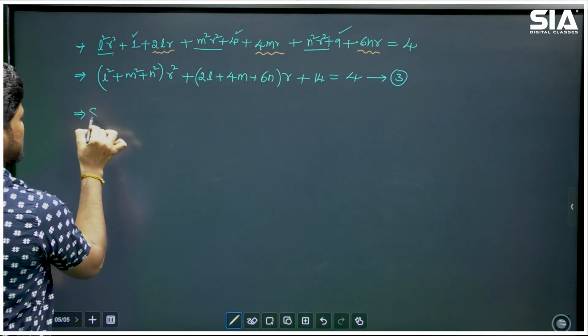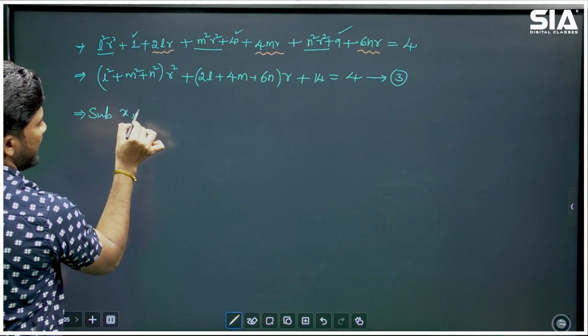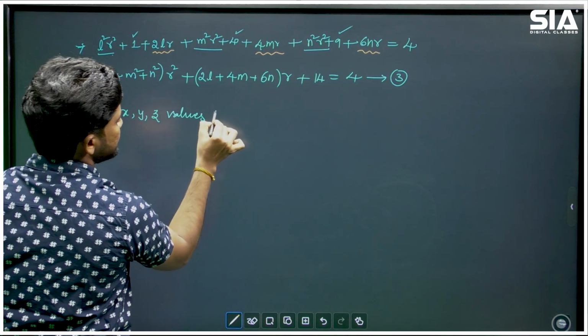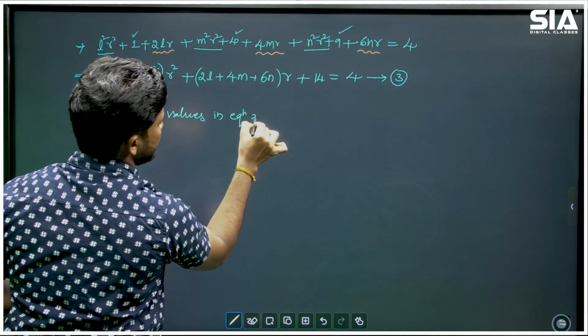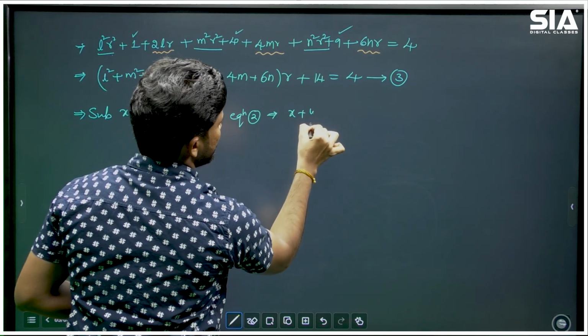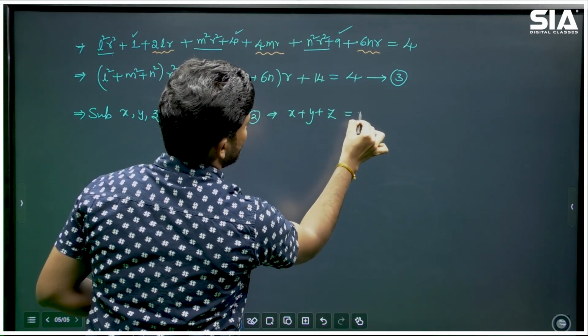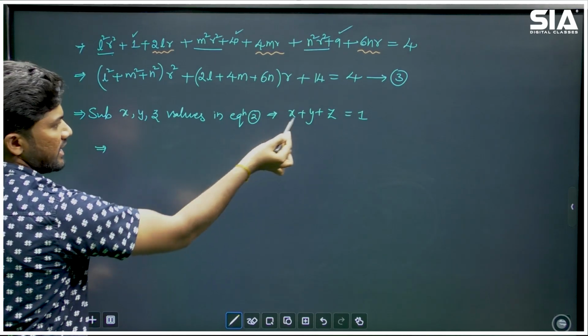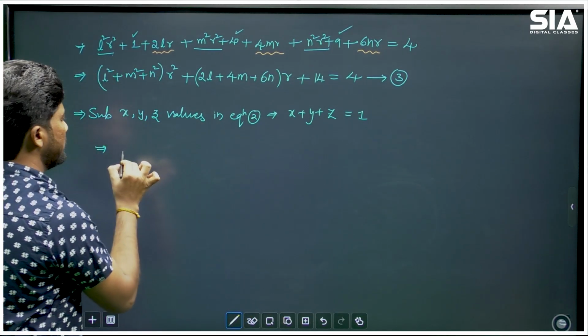So now substitute x, y, z values in equation number 2. What is equation number 2? Equation number 2 is x plus y plus z is equal to 1. So from this condition, if you substitute the x, y, z values, what is the x value?